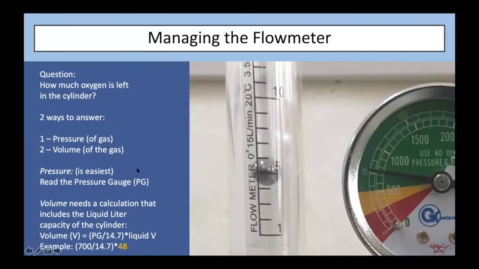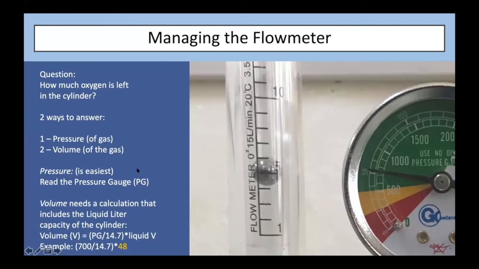The volume will need a calculation that requires understanding and knowing the liquid liter capacity of the cylinder. I'm going to move through this pretty quick. Later, I can send the formula if you are interested, but this is the formula. The volume equals the pressure of gas divided by 14.7, that's atmospheric pressure, times the liquid volume.